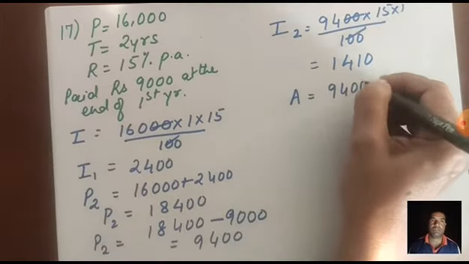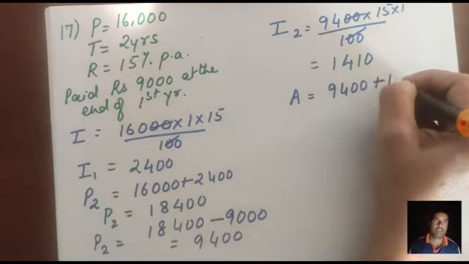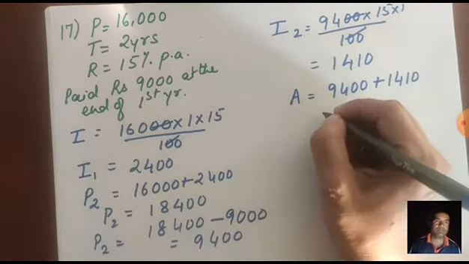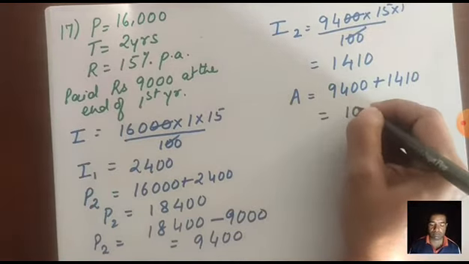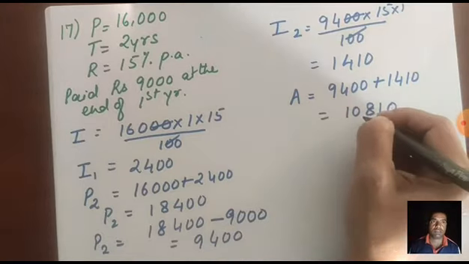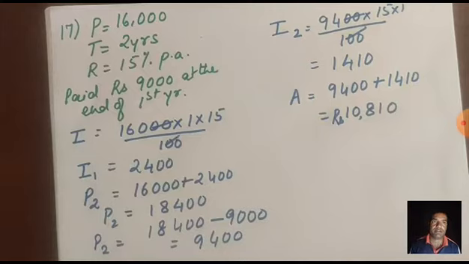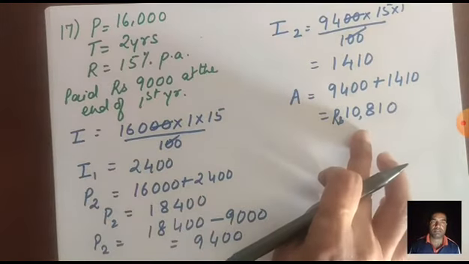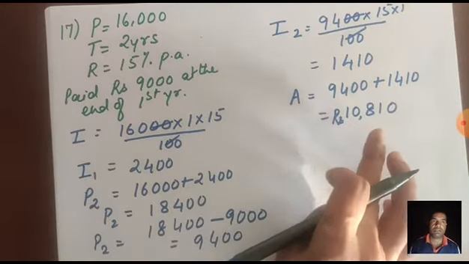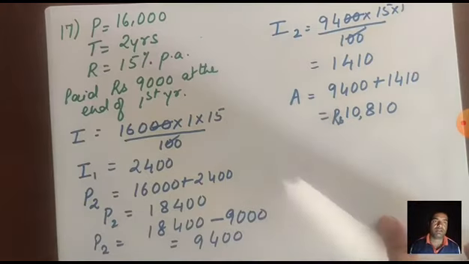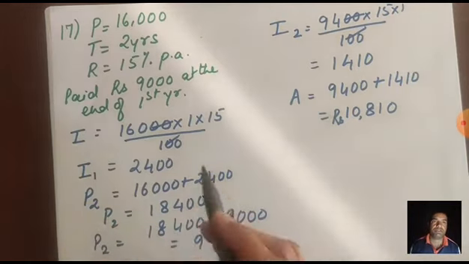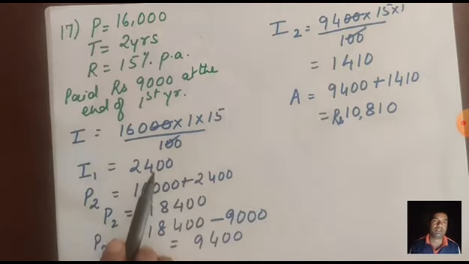Principal will be the 9,400 plus interest 1,410. So after addition it will be 10,810. Okay, this he has to pay to clear the debt. Then his loan will be cleared.